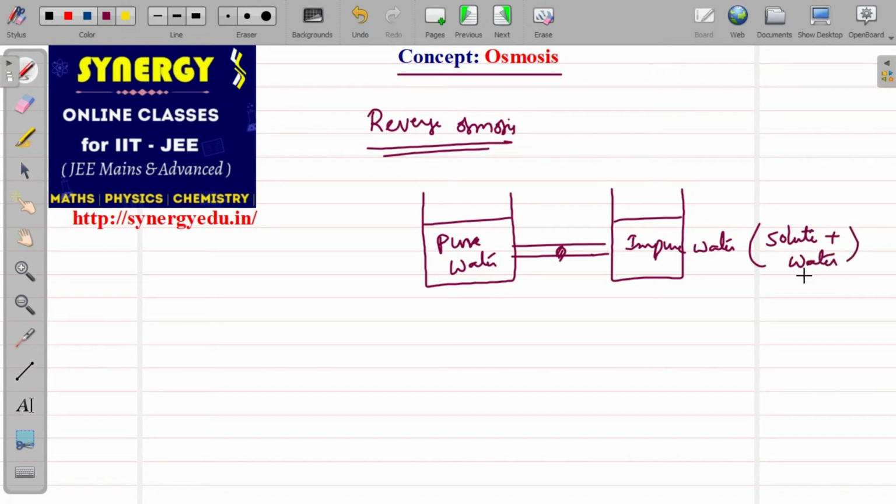Now we know that atmospheric pressure is there on both sides. If I apply osmotic pressure pi, then there is no osmosis. Osmosis will be absent here.